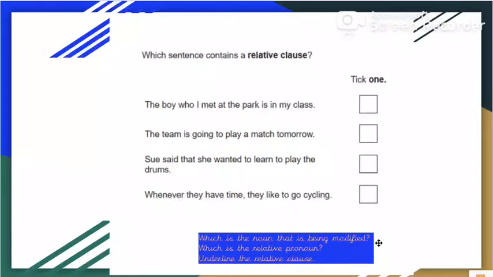So when we're looking for a relative clause, we're looking for the noun. So in the first sentence, think about what is the noun and which noun's being modified. So we've got the boy, and then the relative pronoun in that sentence is who. So the boy who I met at the park is in my class. So what would the relative clause be?